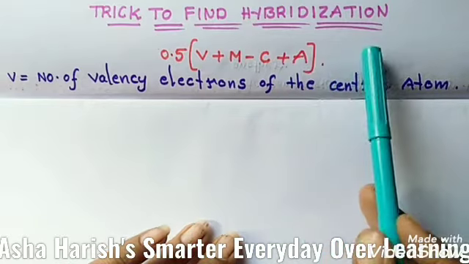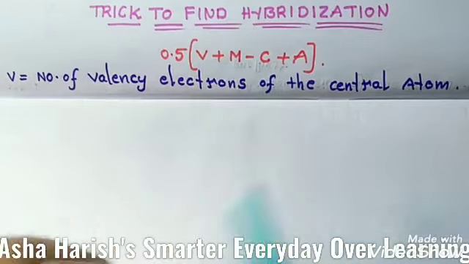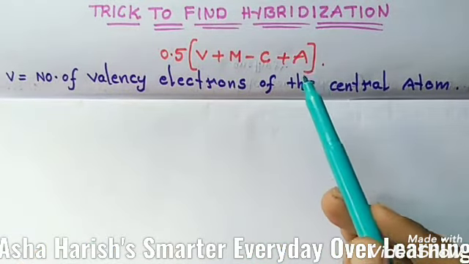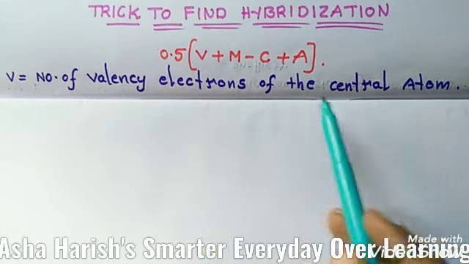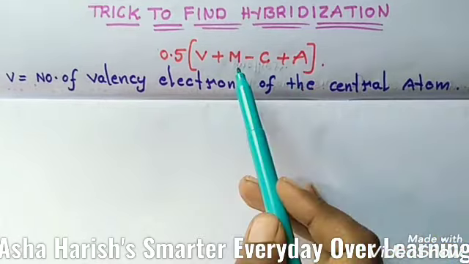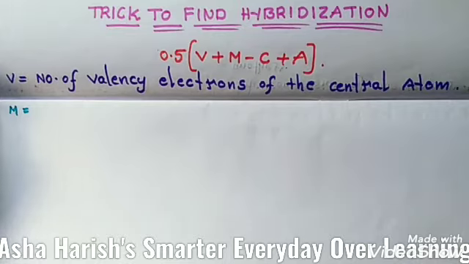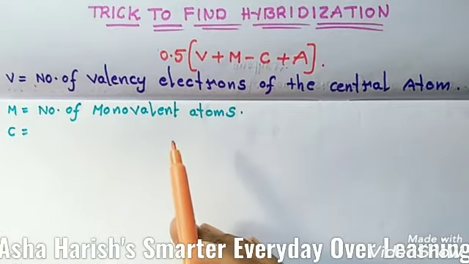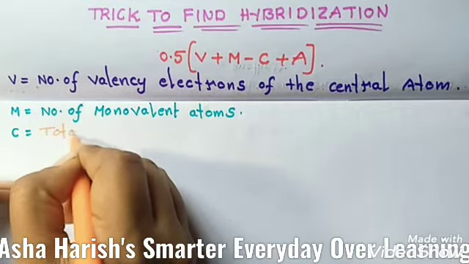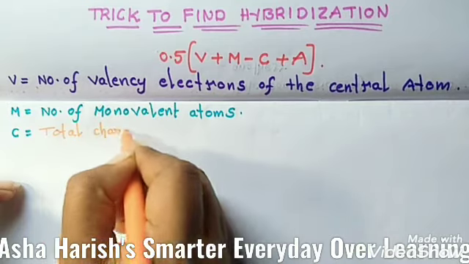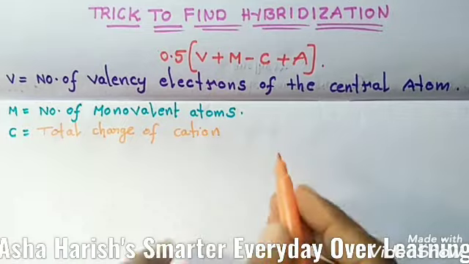A simple trick to find hybridization, students. Here is the formula: 0.5 into V plus M minus C plus A. As I told you previously, V indicates the number of valency electrons of the central atom. M is the number of monovalent atoms. C means the total charge of the cation.